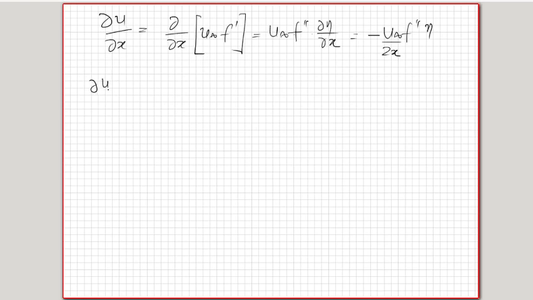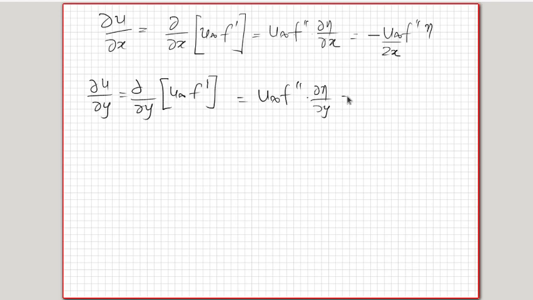So what is del u by del y? Del u by del y is del by del y of u, which is del by del y of u infinity f prime, okay, which will be equal to, again, u infinity is a constant, so you can just retain that here, and f double prime will come, of course, and multiplied by del eta by del y, and what is del eta by del y from here?